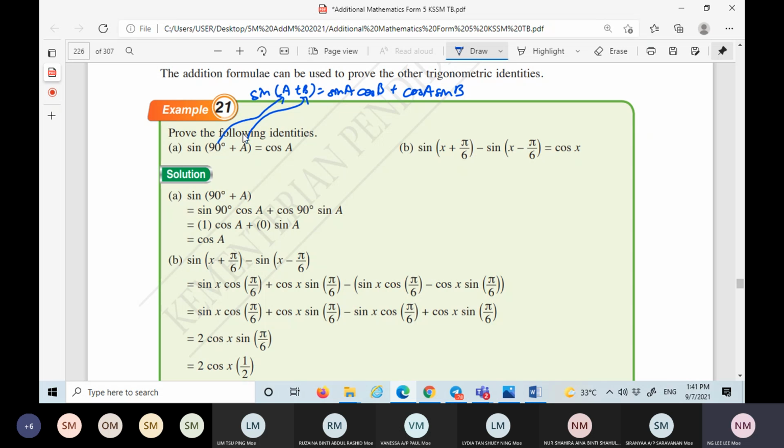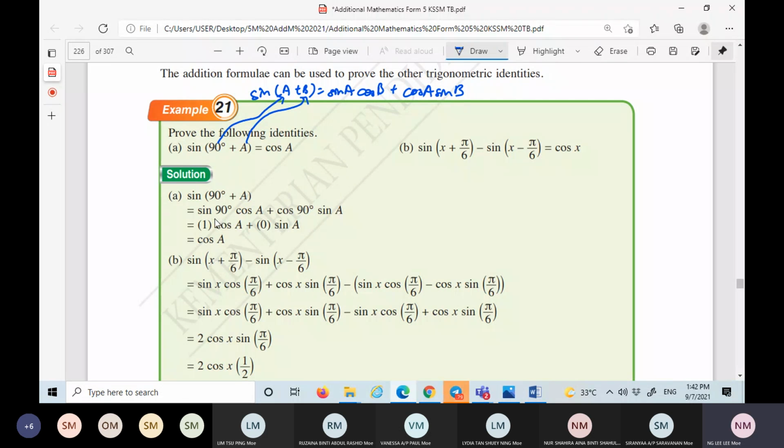So the A now is 90 and the A here is the B. I don't know whether you feel confused or not. Sin A cos B, so sin 90 cos A. Cos A sin B, so cos 90 sin A.